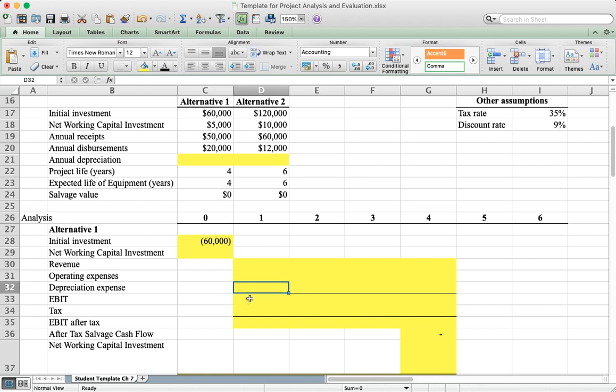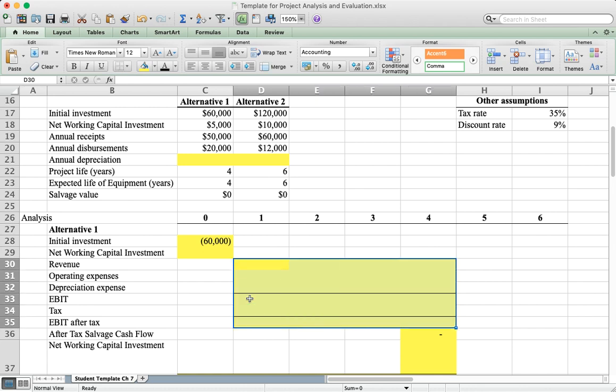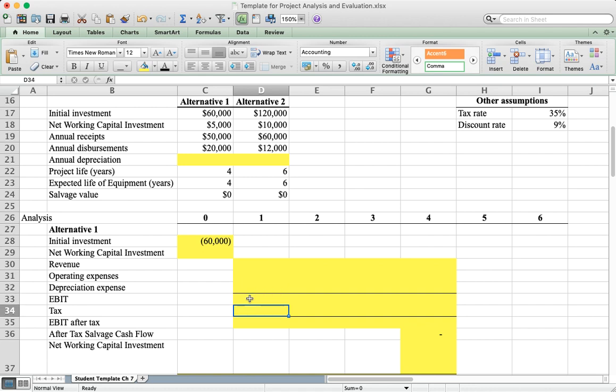So I'm okay if you want to do an accounting format for this section and keep things positive, as long as when you get to your statement, like your EBIT, you take your revenue and then subtract operating expenses and subtract depreciation. So if they're all positive, that's what you would do.